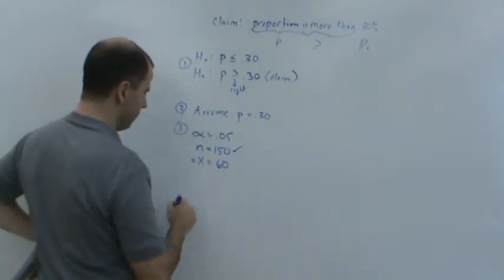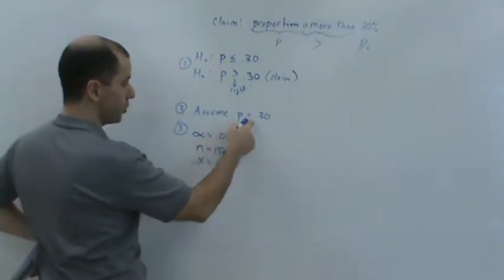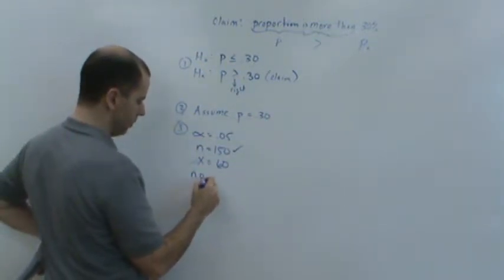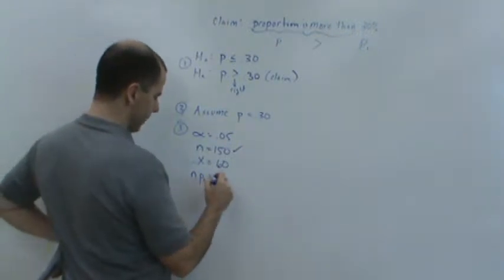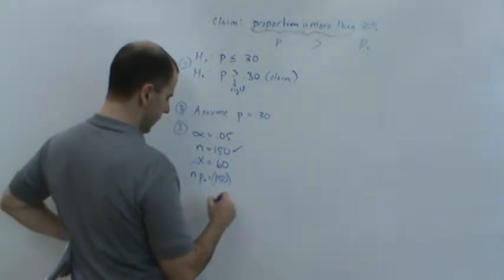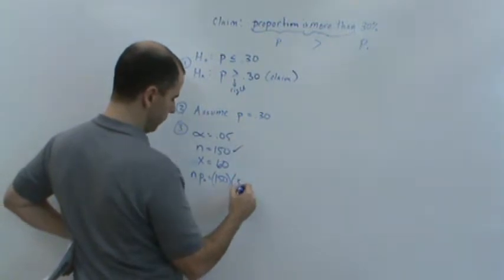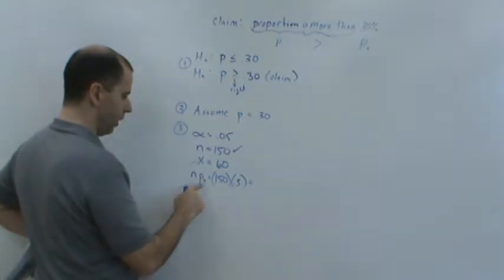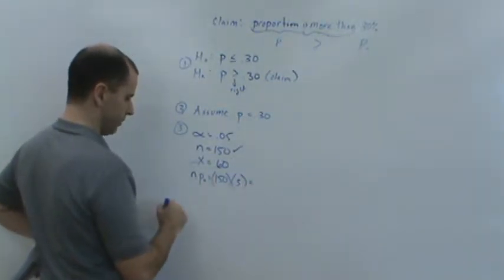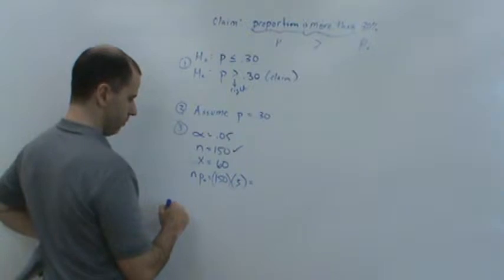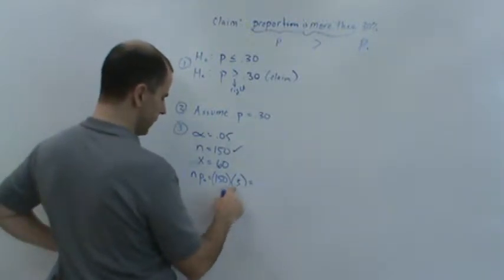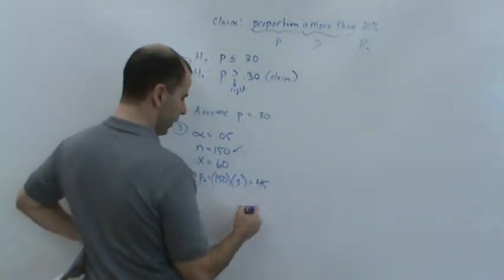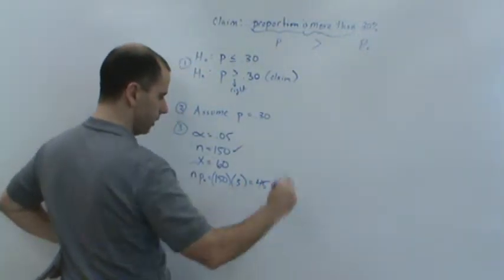Is n times p0, where we're assuming p0, the expected number of successes, 150 times 0.3? If you multiply these 2 together, we get 45. Is 45 bigger than or equal to 15? Yes.